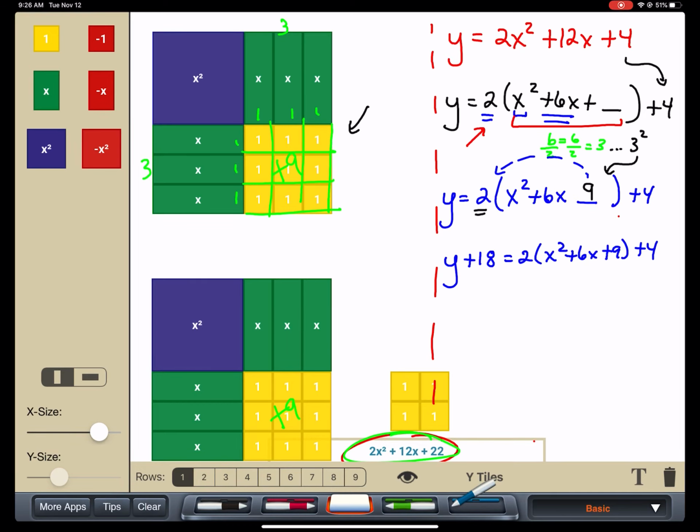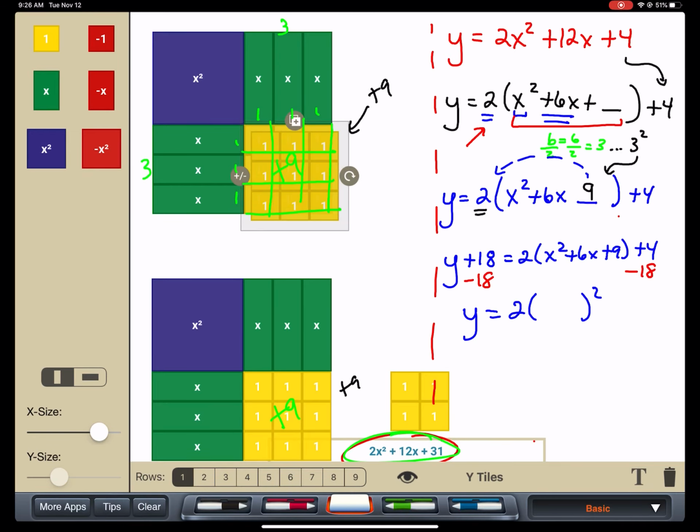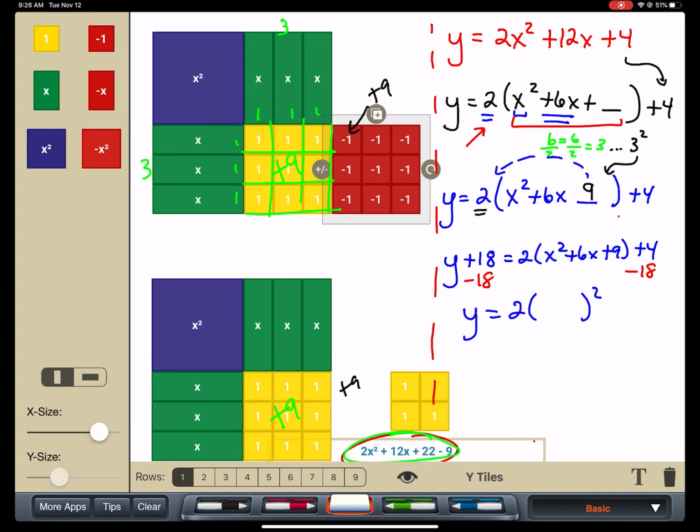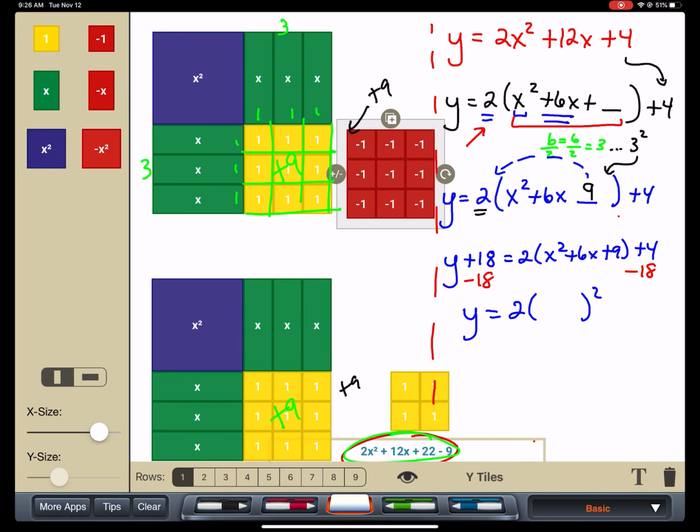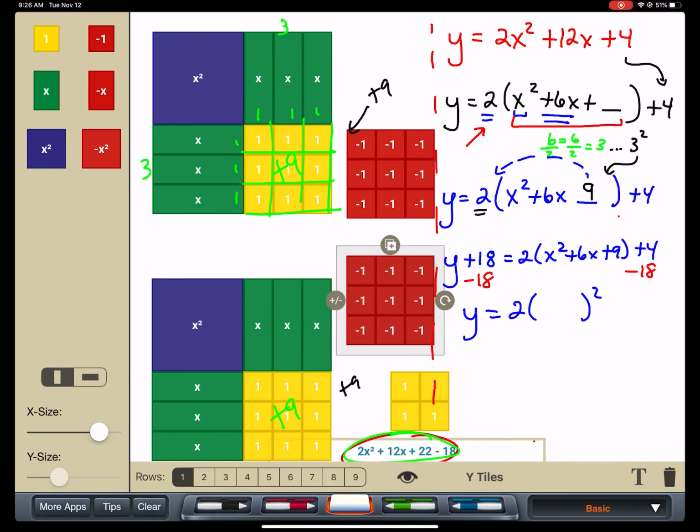Now in our algebra tiles, we're trying to get factored form alone. To get that y alone, we're going to have to subtract 18. So on the algebra tiles, if I add 18 of these 1s, I'm going to have to counterbalance it by adding 18 negatives to my picture as well.